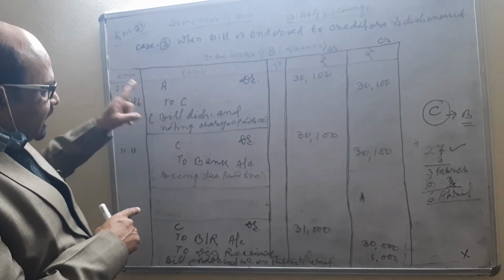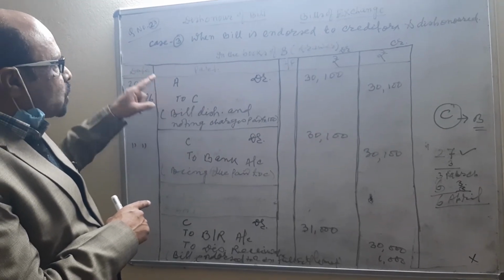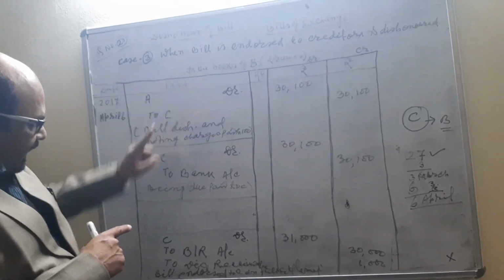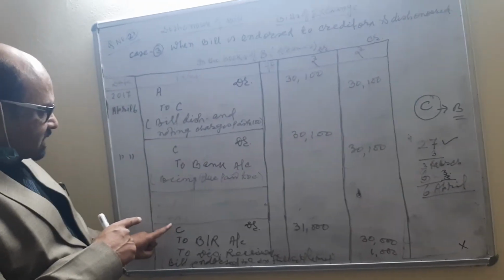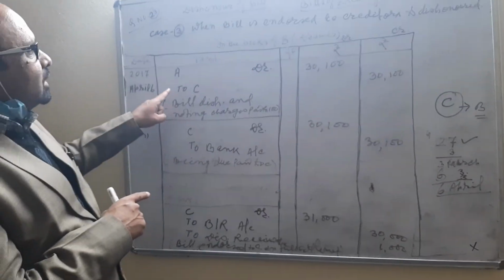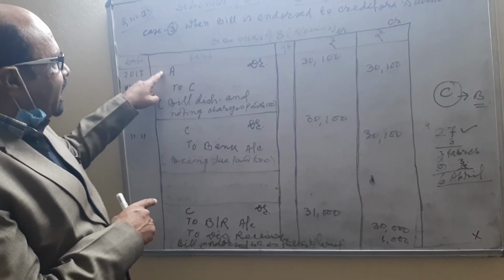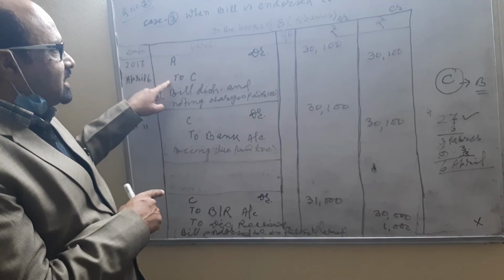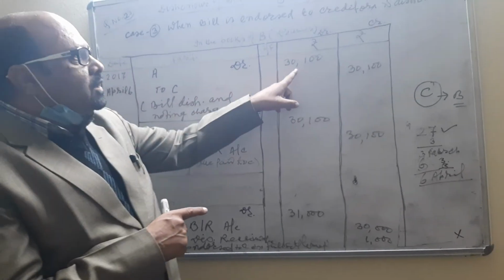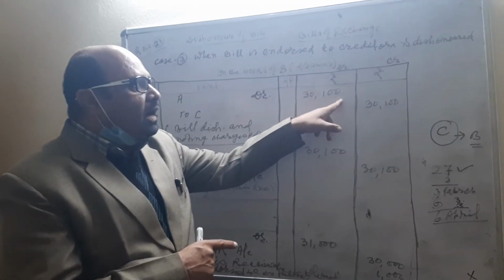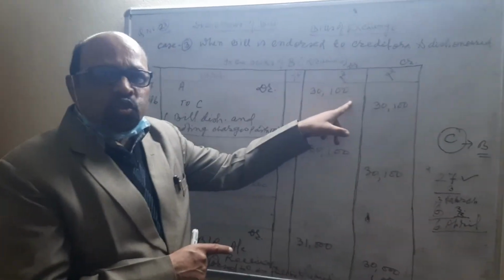So in the same manner here also A is the drawee, so A debited, and in the previous entry C was debited, so here C will be credited. So A debit to C. And here you write 30,100 because the 100 is the noting charge.